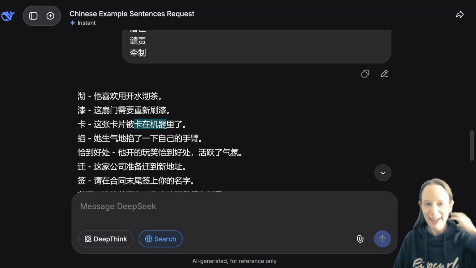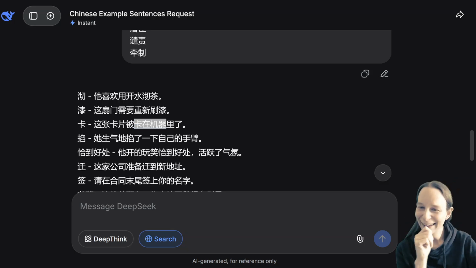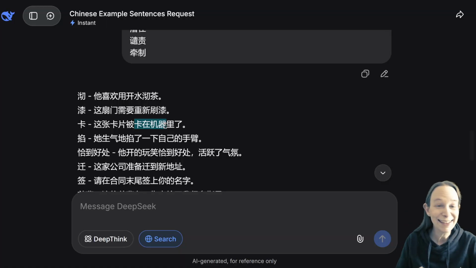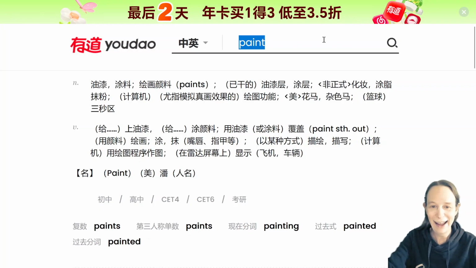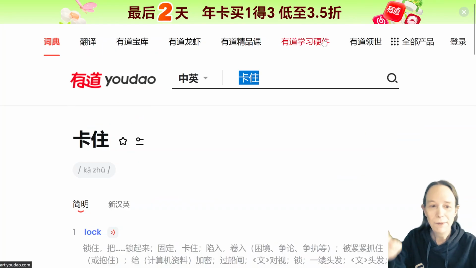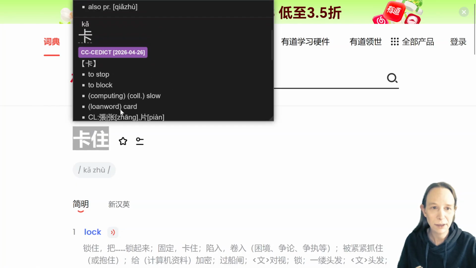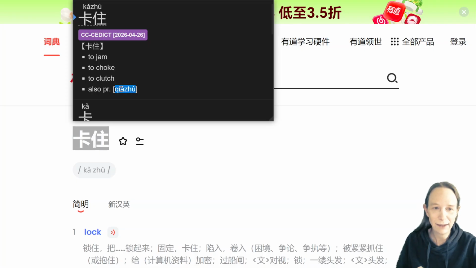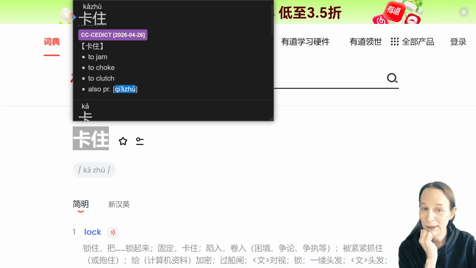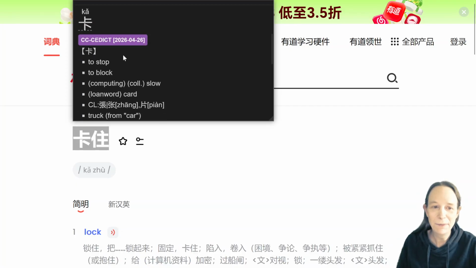So it's stuck in the machine. That's really clever. It somehow worked out to use both of those. All right. So 卡住. So no. What? 卡住. No. I've always said 卡住. So apparently you can say qia as well.